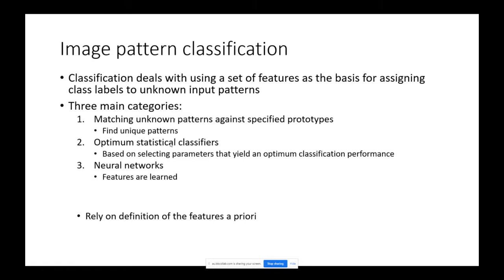The second is optimum statistical classifiers. We started seeing a little bit of statistical classifiers last week, which is PCA. Well, PCA per se is not a classifier because it doesn't classify things into known classes, but PCA is used as one part of statistical classifiers.